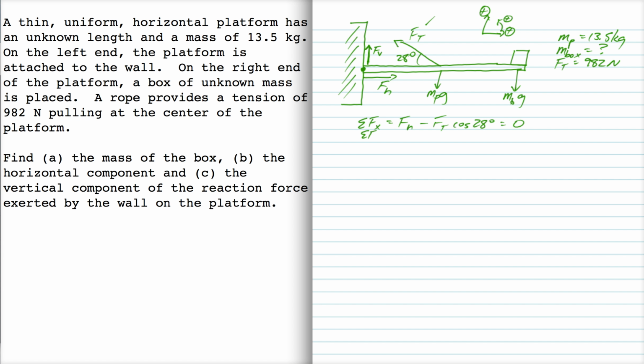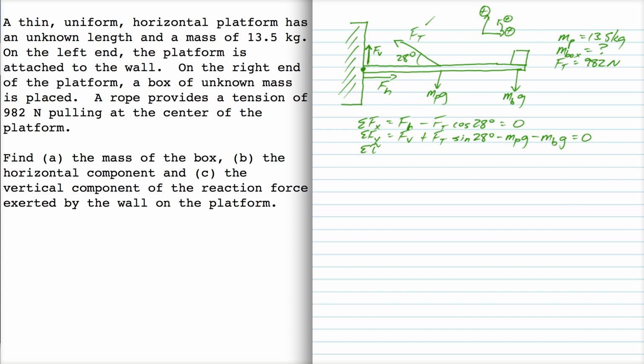For the y forces, four of the five forces have a y component. There's the vertical force, which is positive. There's the y component of tension, which is positive. And then minus gravity for the platform, minus gravity for the box.